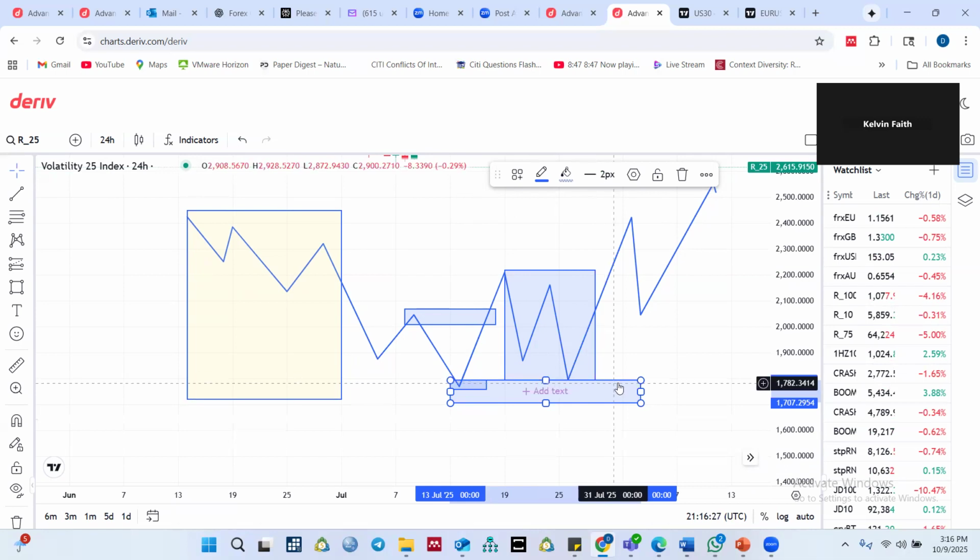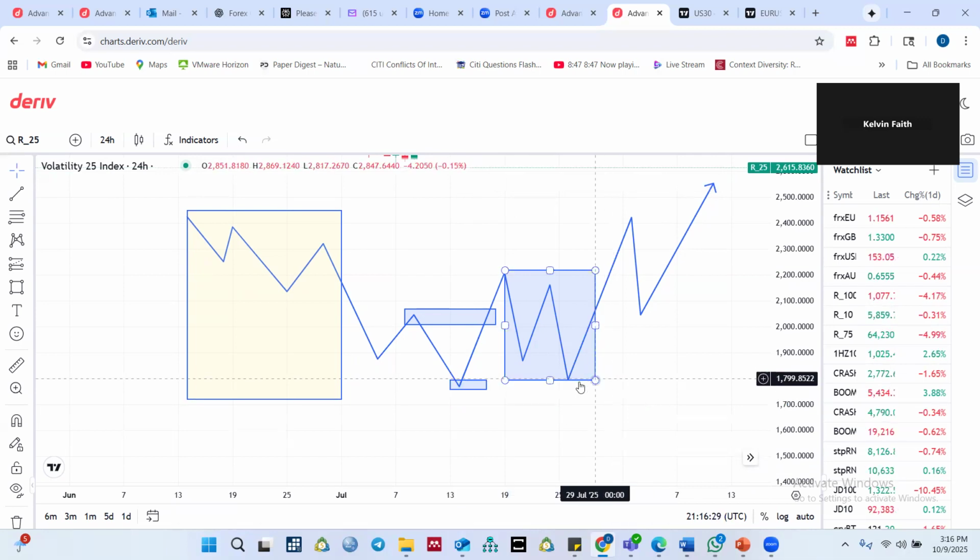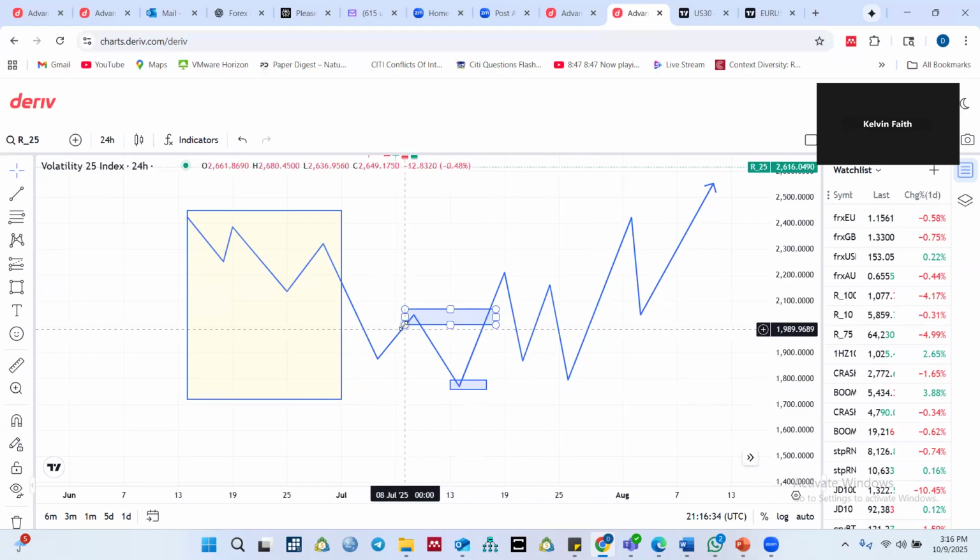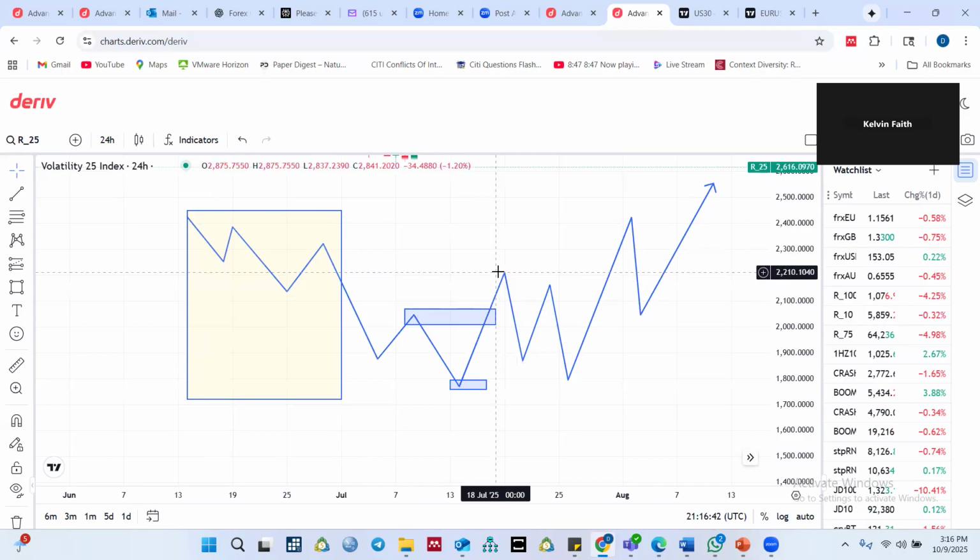But what I want to teach here, for where we are in the lesson, is that the impulsive move will break structure, will take a previous high out when we are already bearish. Once it does that, we should expect a corrective, which is a pullback.